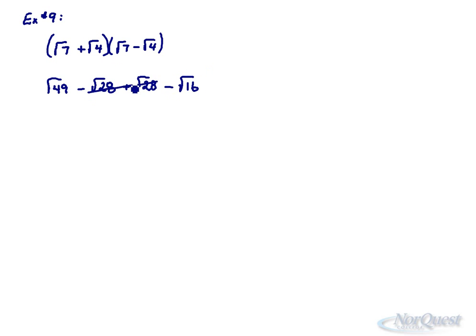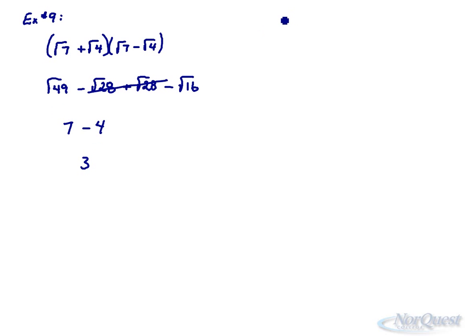Those middle terms are equal and opposite. Well, the square root of 49 is 7. The square root of 16 is 4. 7 minus 4 is 3. You will always, always end up with a rational number when you multiply by conjugates. You'll see the purpose of this when we get to example number 11.